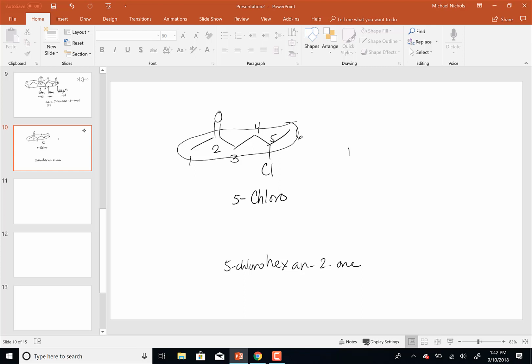The problem is there's an old system and a new system. The old system always put the number in front of the pent or hex or whatever. And then they came up with this new system, probably because you couldn't put more than one number in front of the pent.